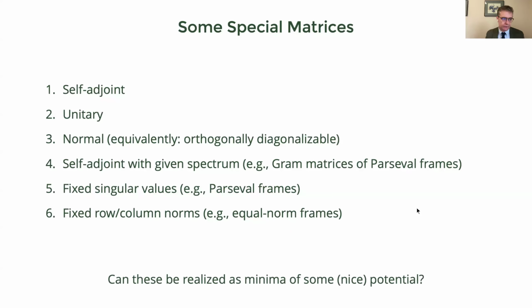And with these sorts of things, this is maybe an obvious question, but you can ask, okay, so for example, I like equal norm Parseval frames. Can I interpret these as the minima of some nice potential or loss function, whatever terminology you want to use? And moreover, can you just do gradient descent to get from some random starting point to some nice matrix that you like?